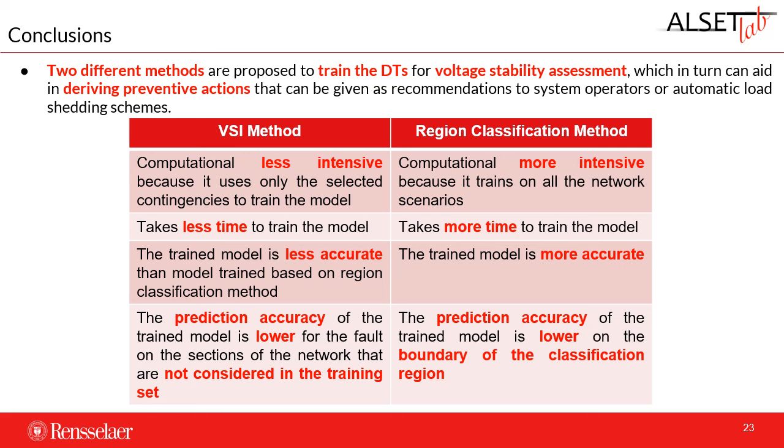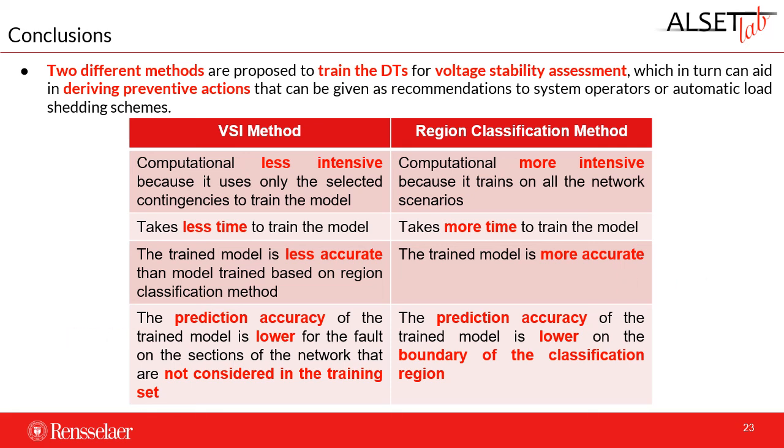Now, the voltage stability index classification method is less intensive computationally. It only needs some few contingencies to train the model. It takes less time to train the model, but the resulting trained model is also less accurate than the one based on region classification.